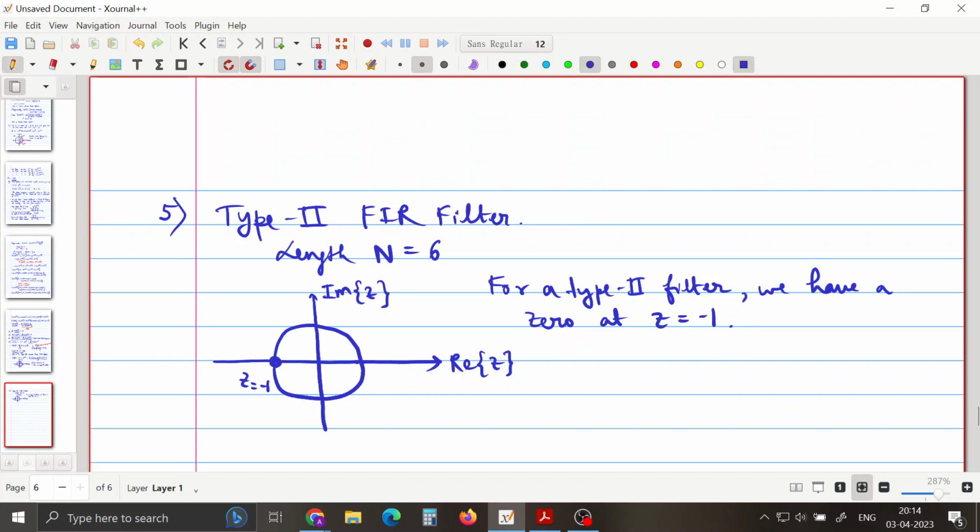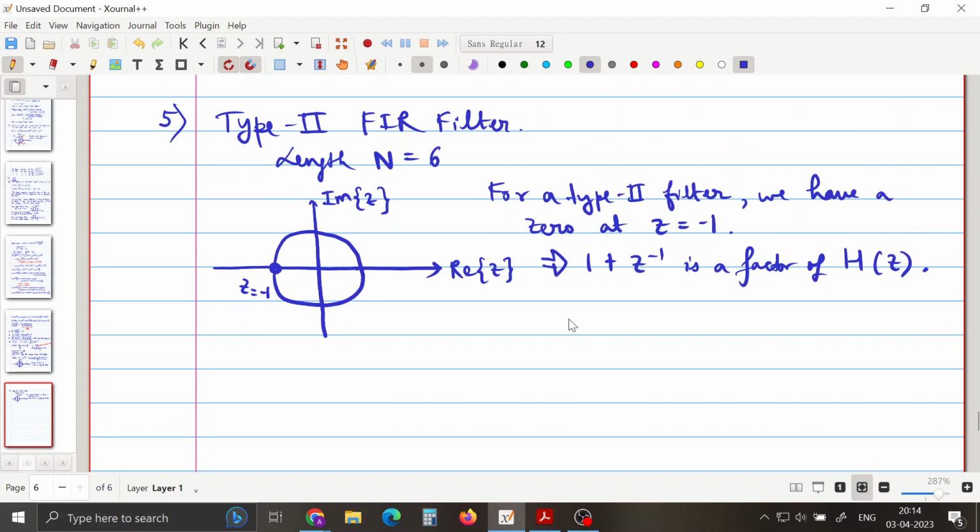Everything has been taught in the lectures. So if we have a zero at z equals minus 1, a consequence is that 1 plus z inverse is a factor of capital H of z. Yes or no? It's true, right? If z equals minus 1 is a zero, then 1 plus z inverse is a factor of capital H of z.